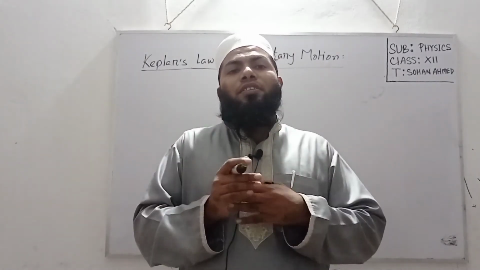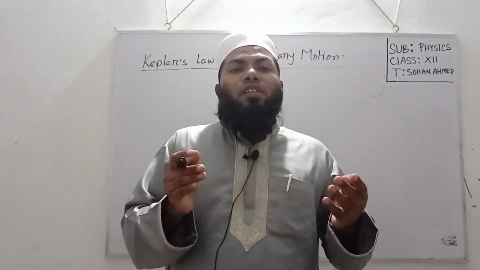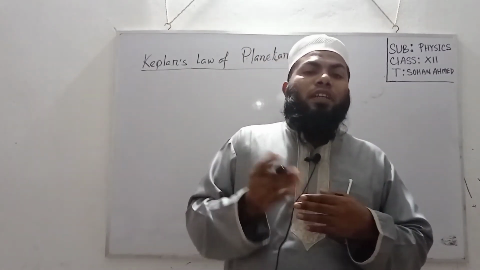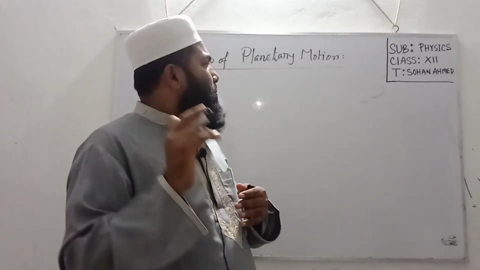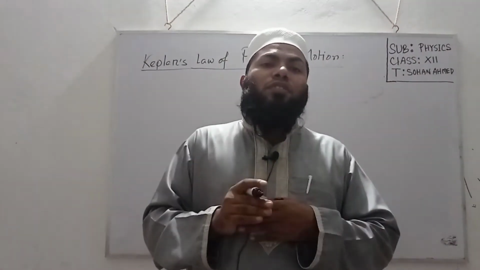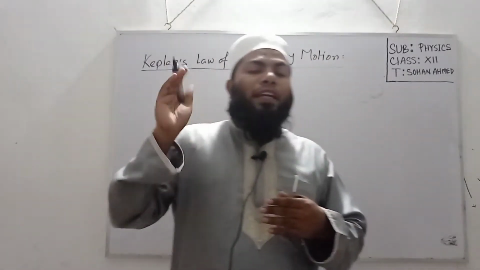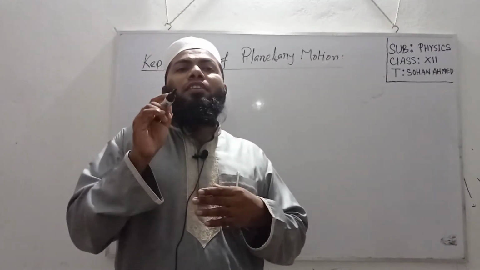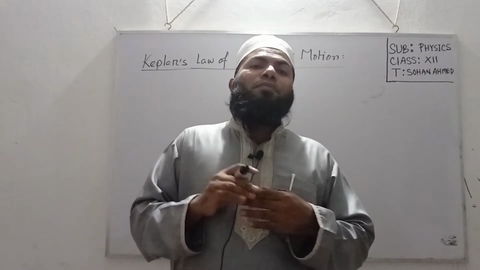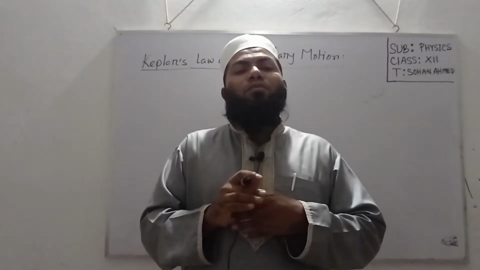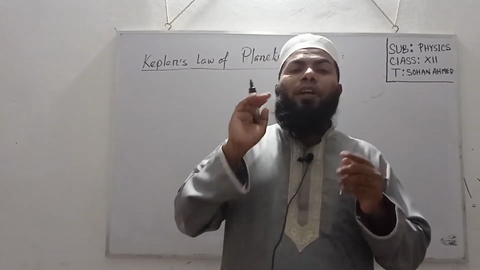After many years, the scientist Copernicus gave another idea about the motion of planets, keeping the Sun as the center, that means the Sun is the center of the solar system according to Copernicus.